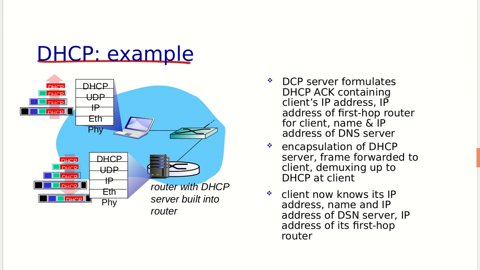Your high-end routers, even your home broadband routers, have this DHCP server software running on their own, so the router can also work as a DHCP server without requiring an additional server on the network. The server software is embedded in the router itself, so there is no need for additional hardware. Sometimes the DNS server is also built inside the router, so there is no need for a dedicated local DNS server. The DNS server and the DHCP server are both built into the router.